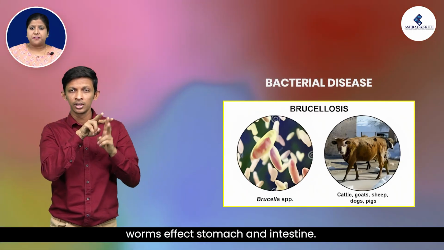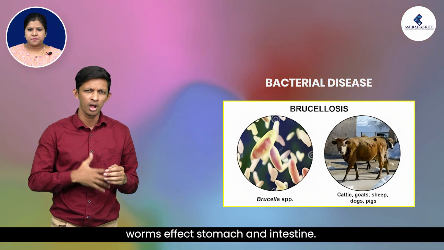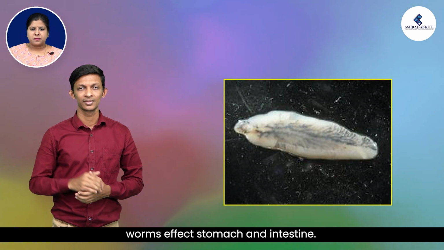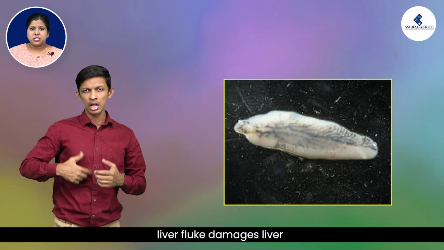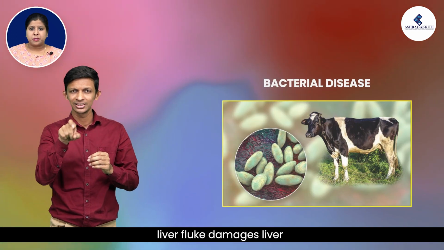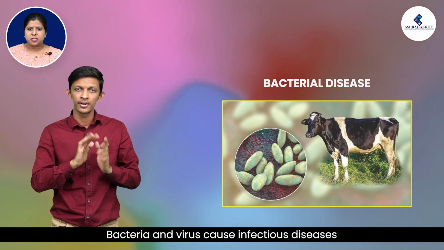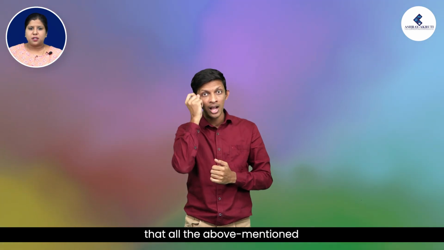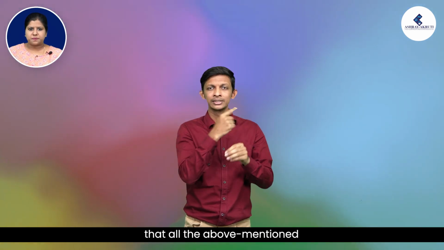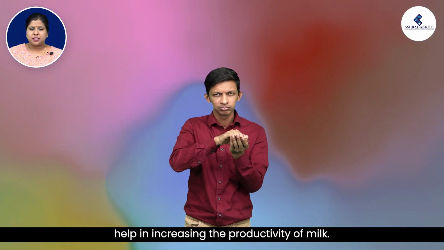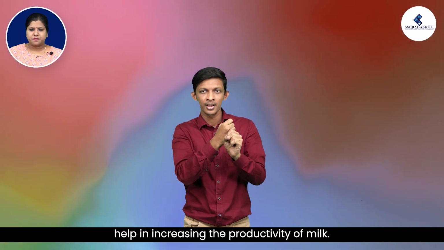Worms affect stomach and intestine. Liver fluke damages liver, bacteria and virus cause infectious diseases. So, finally, you all understood that all the above mentioned practices help in increasing the productivity of milk.